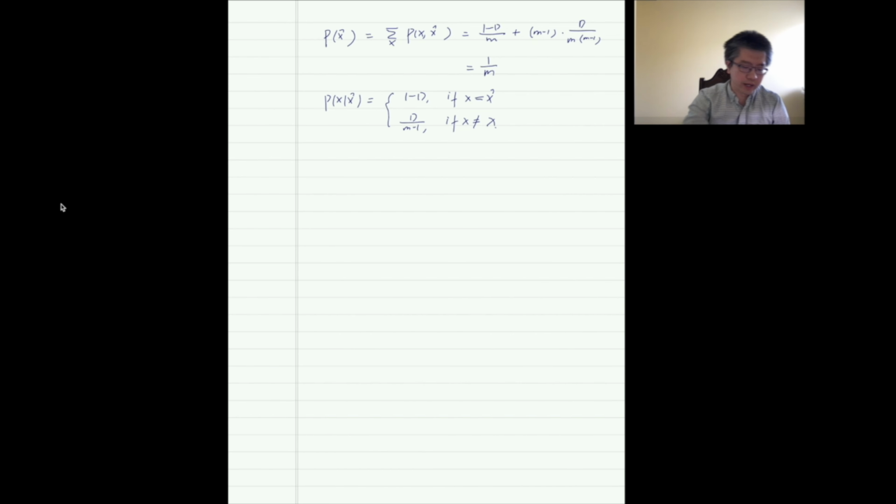So now let's verify whether this lower bound can be achieved or not. Let's compute H(x given x hat), right? That's the only term we need to worry about.